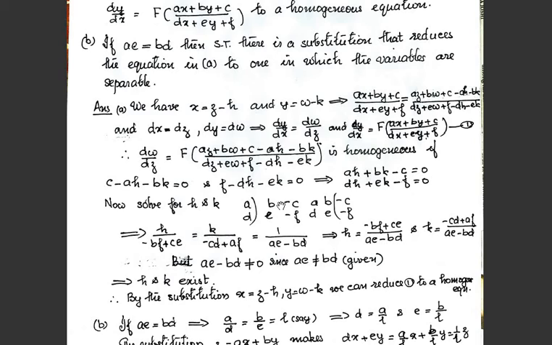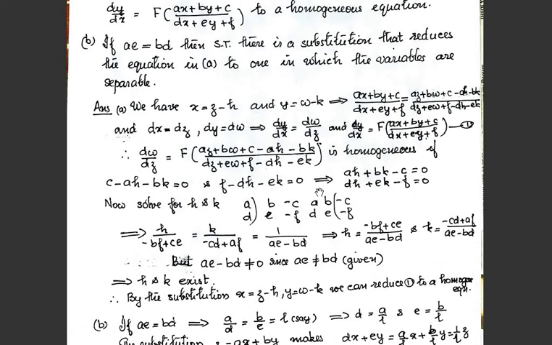So using Cramer's rule, h divided by b into minus f minus c into e, that is minus bf plus ce, equal to k divided by minus cd plus af, minus of minus becomes plus.